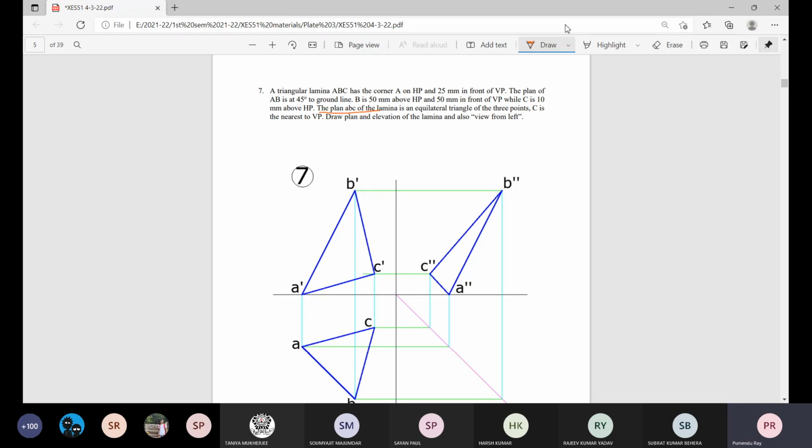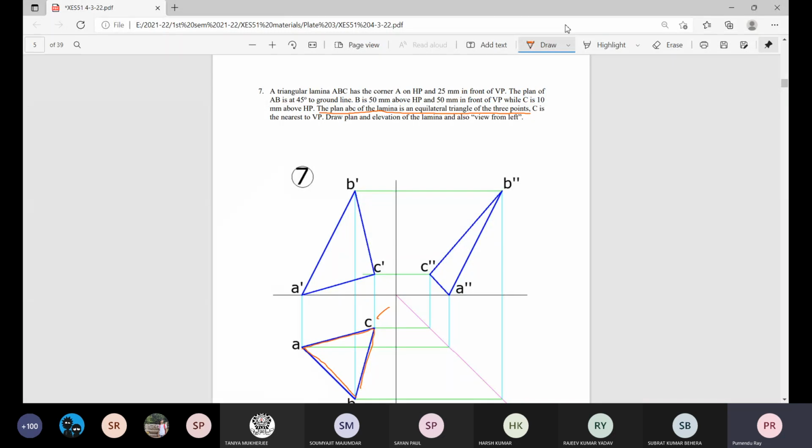So this is the thing, ABC. But what about the clue? The clue is C is nearest to the VP. What is the distance that we do not know directly?